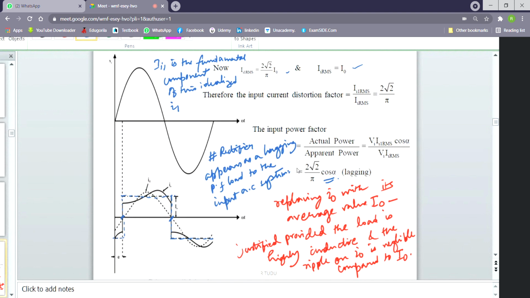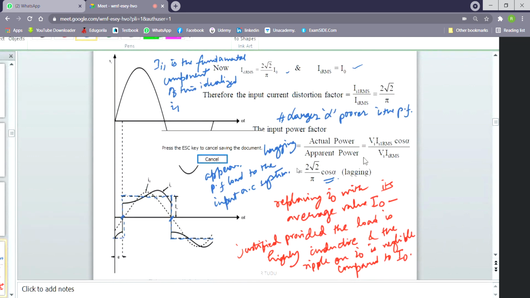Why? Because it is very clear that the larger the value of alpha, the poorer the power factor. A larger value of alpha leads to a poorer power factor.